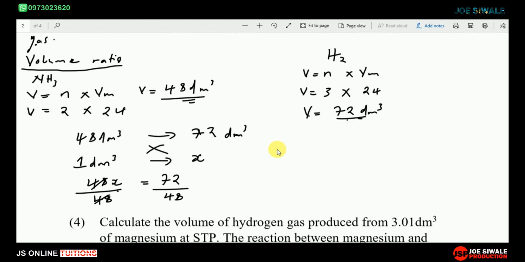So X is equal to 1.5 cubic decimeters of hydrogen gas. That's going to be our answer.